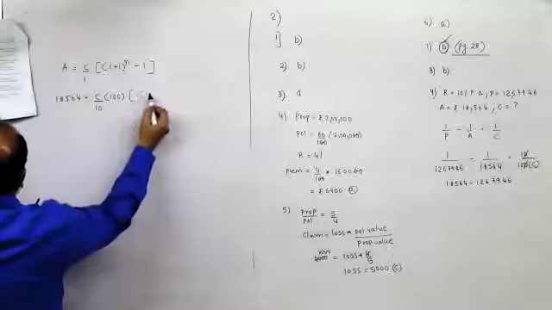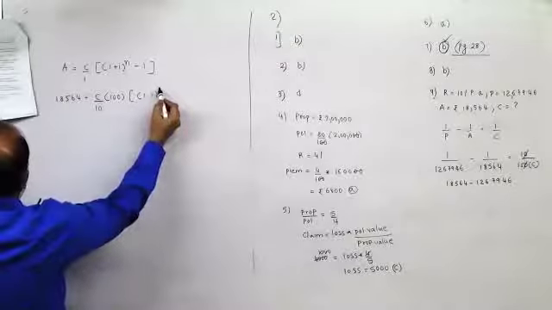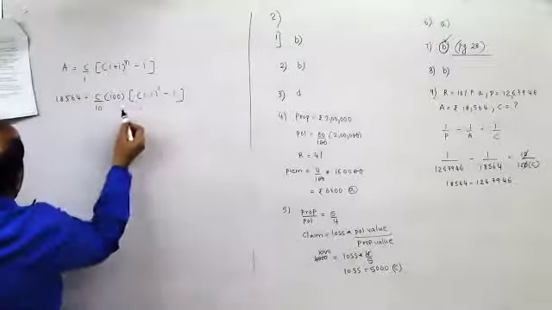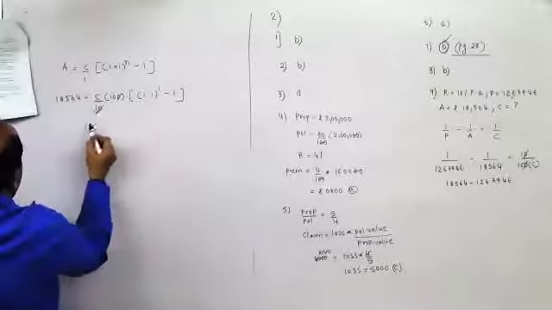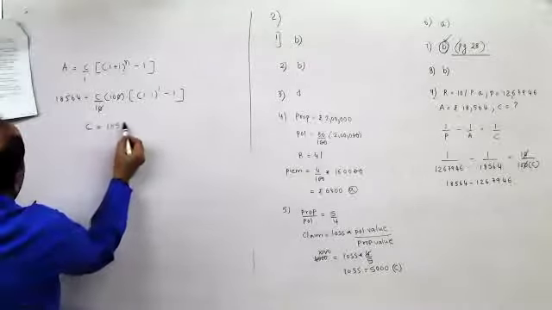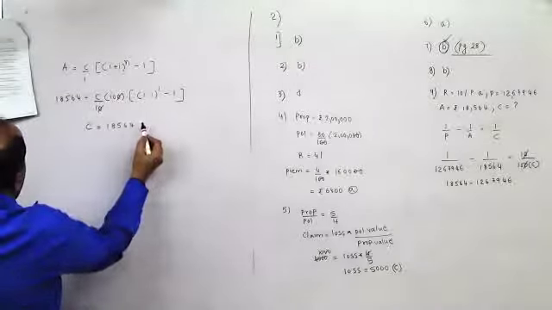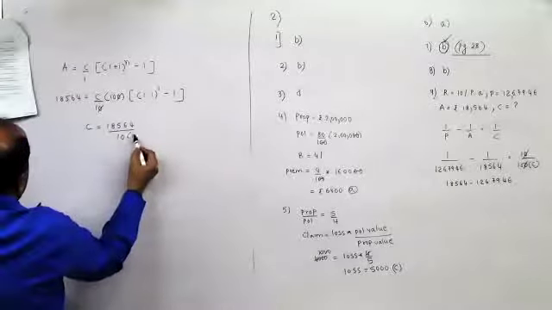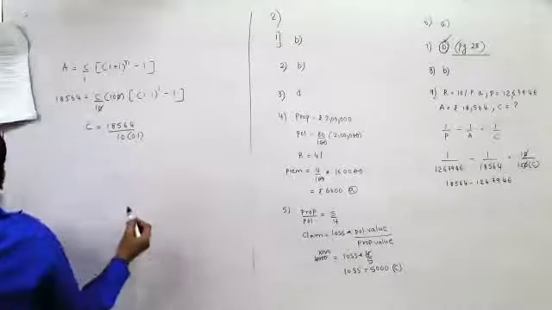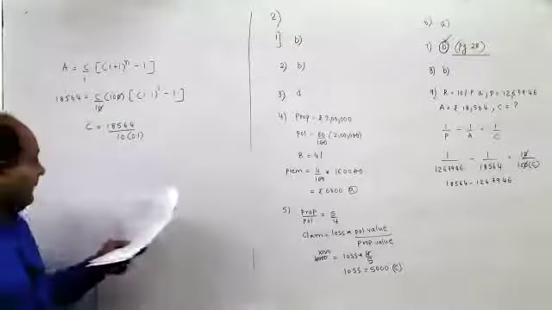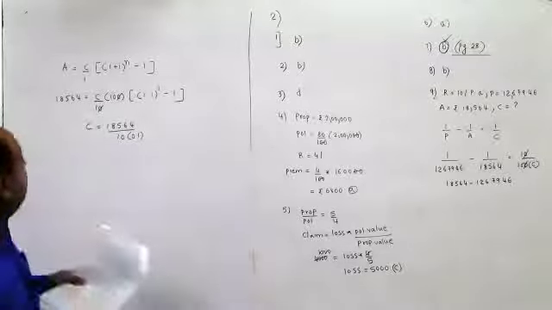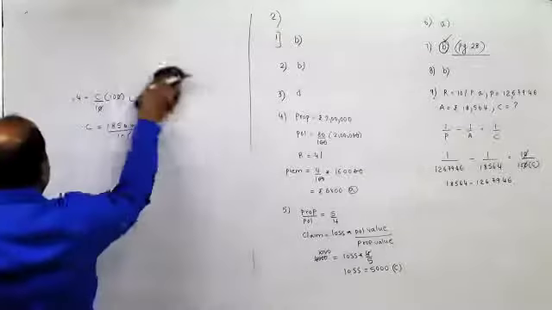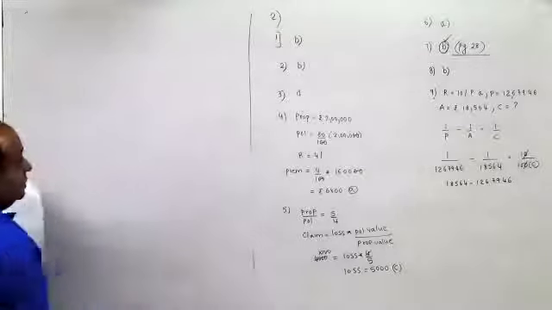This is 1.1 raised to N, 1 minus 1, so this is 0.1. C would be 18564, not possible. This is 10 and this is 0.1. This is also not possible. So here it is 1. So this is the only way.